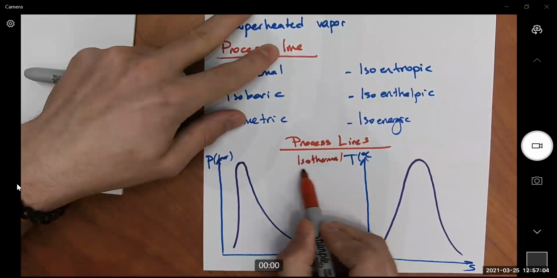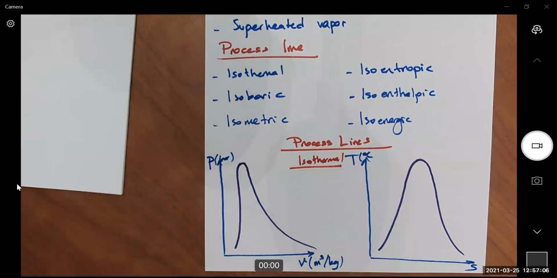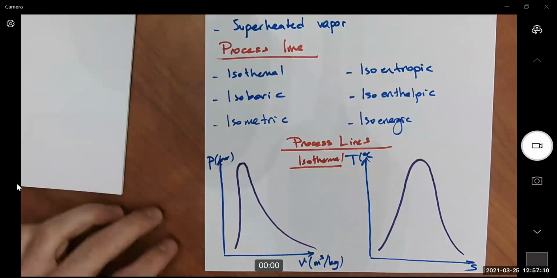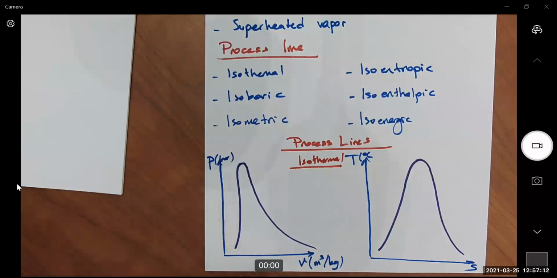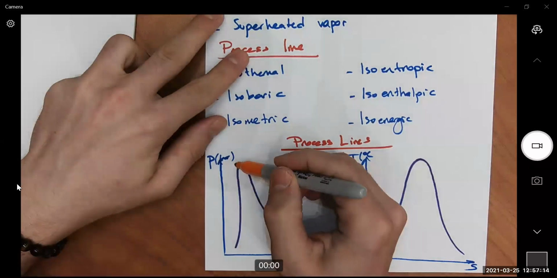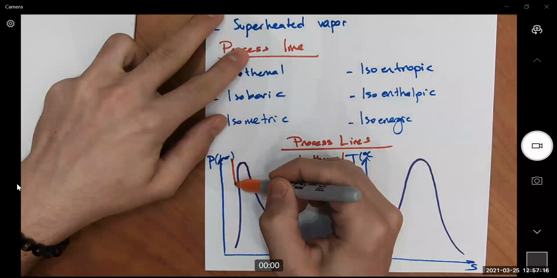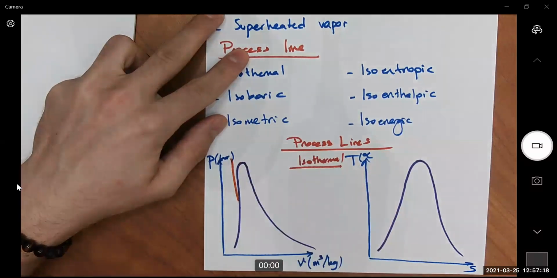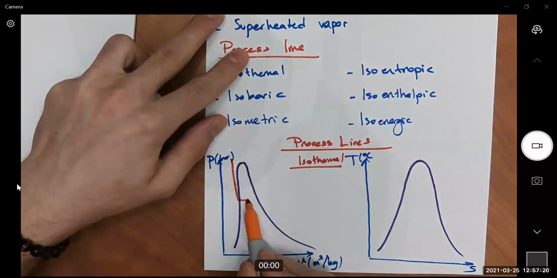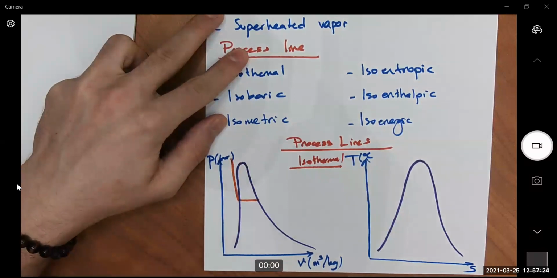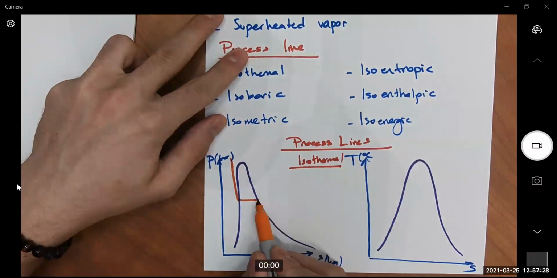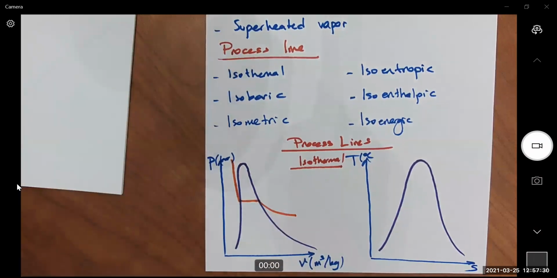Remember, the isothermal process on the PV diagram shows a decrease in the compressed liquid region, and is constant under the saturation dome, unless you are told what the behavior is in a particular region.